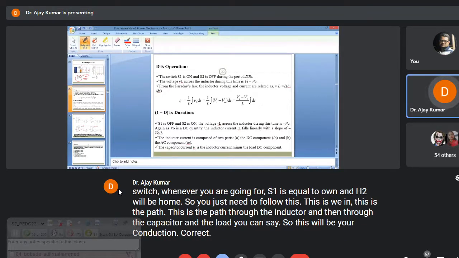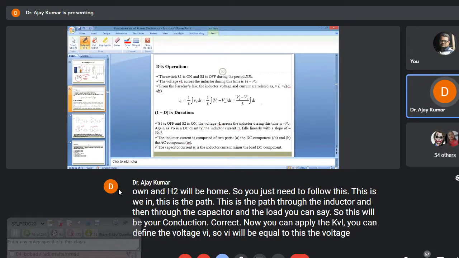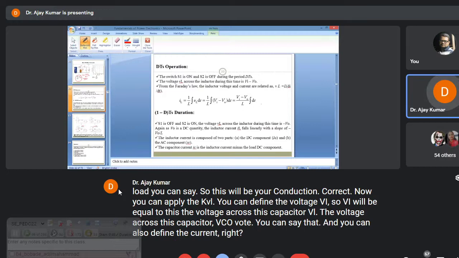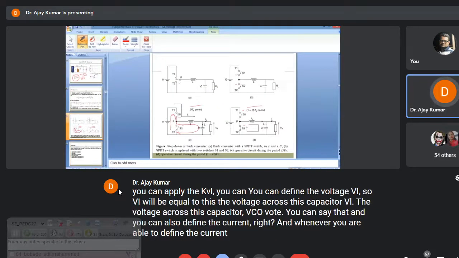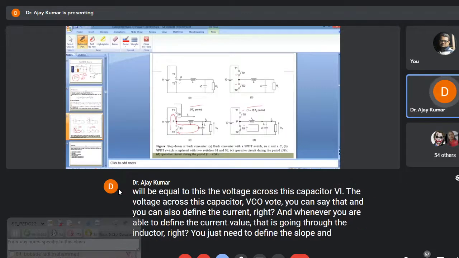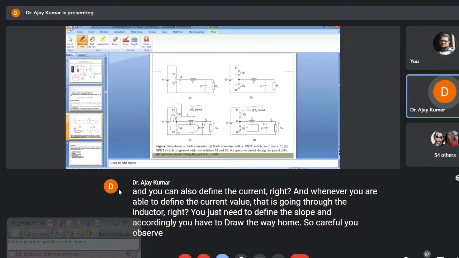Now you can apply KVL and define the voltage VL across the inductor and the voltage VC across the capacitor, or V naught. You can also define the current. Once you are able to define the current going through the inductor, you just need to define the slope, and accordingly draw the waveform. So carefully observe this.